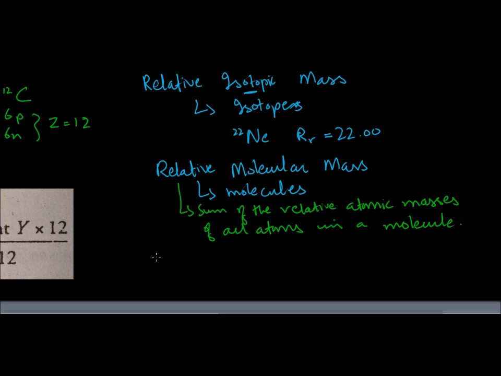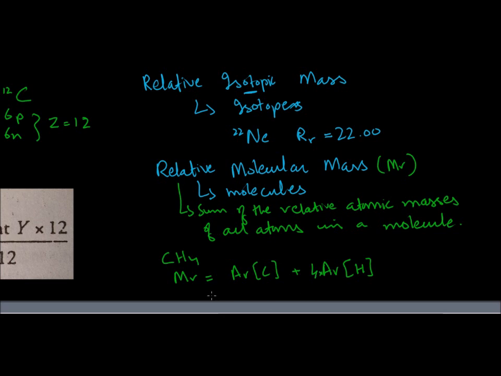So let's see what the relative molecular mass of CH4 is. And relative molecular mass is represented by Mr. So Mr for CH4 simply would be the relative atomic mass of carbon plus the relative atomic mass of hydrogen, but since we have 4 hydrogens we have to times this by 4.